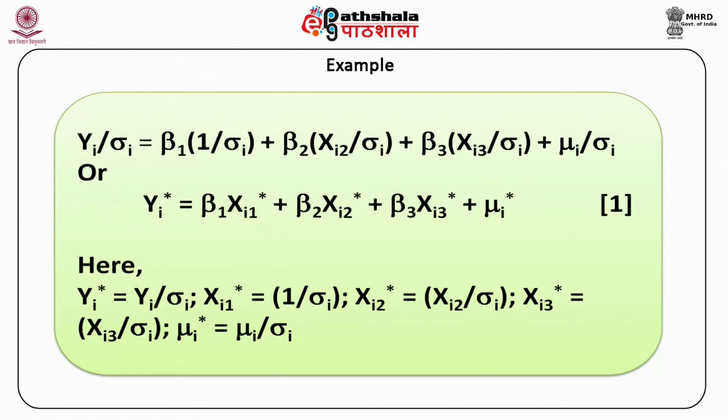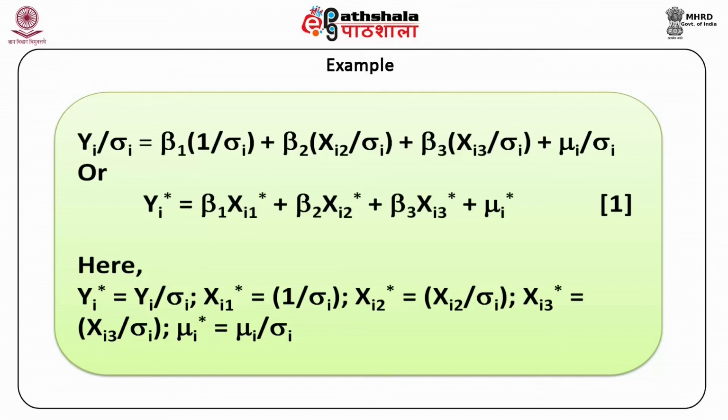Here, it is important to note that the error variance for the transformed model is variance of u_i divided by sigma_i, which equals variance of u_i divided by sigma_i squared, which is equal to 1, a constant. Therefore, the transformed model has a constant error variance. It satisfies all the assumptions of the classical linear regression model.